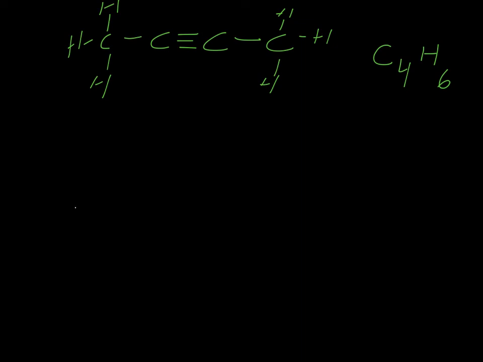If we want to draw the line structure for this, we're going to need to draw our lines. Just start out counting our carbons. 1, 2, 3, 4. Right, carbon here. 1, 2, 3, 4.